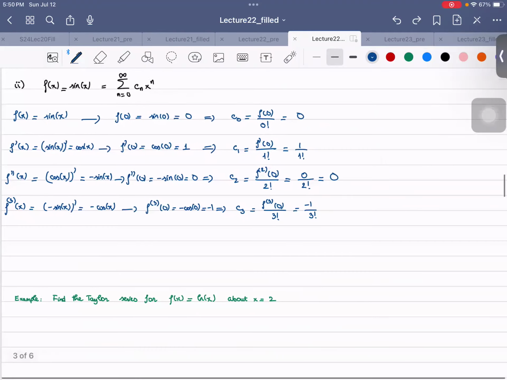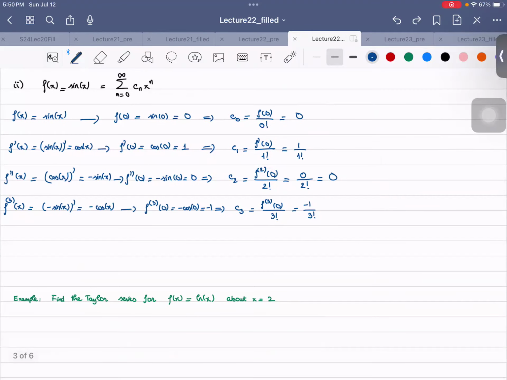Now you can see that if you repeat the process, if you want to compute C4, you need to find the fourth order derivative, and the derivative of negative cosine of x is sine of x again.